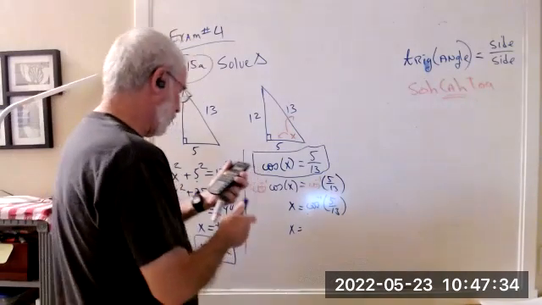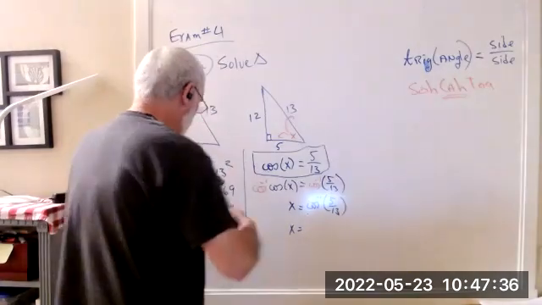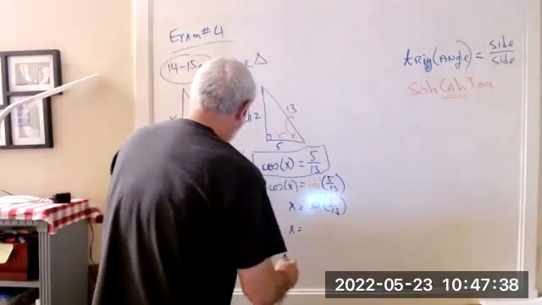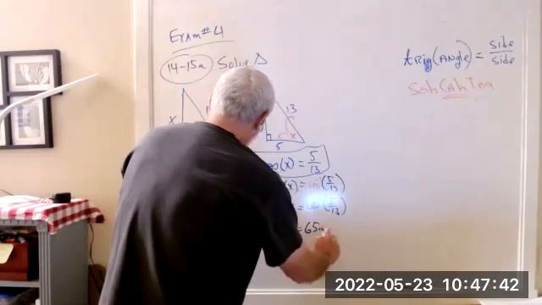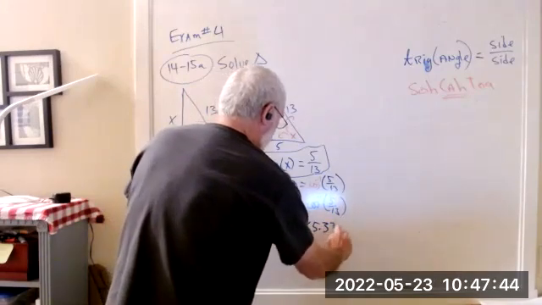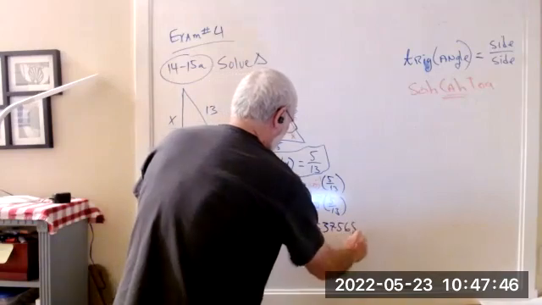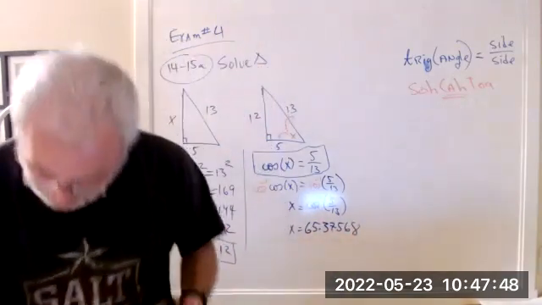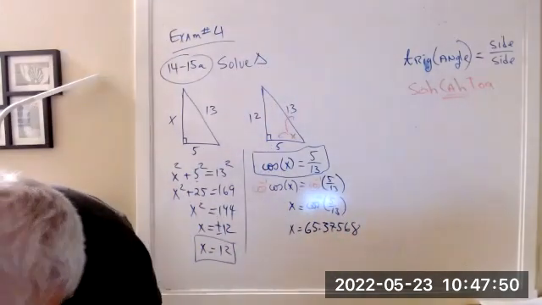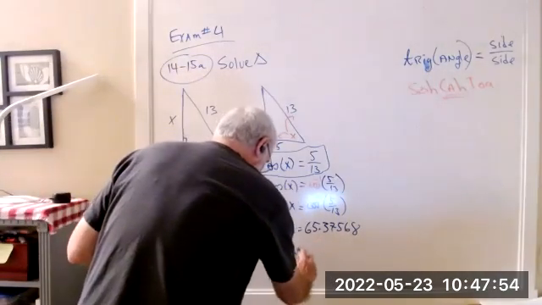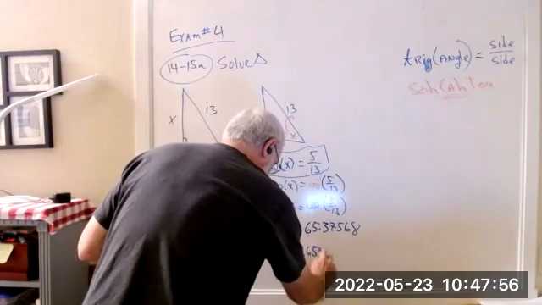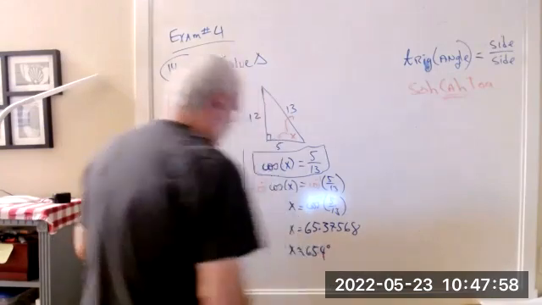Okay, and if my calculator is screwed up, I get 65.37568. But the test said round to the nearest tenth. So x is approximately 65.4 degrees.